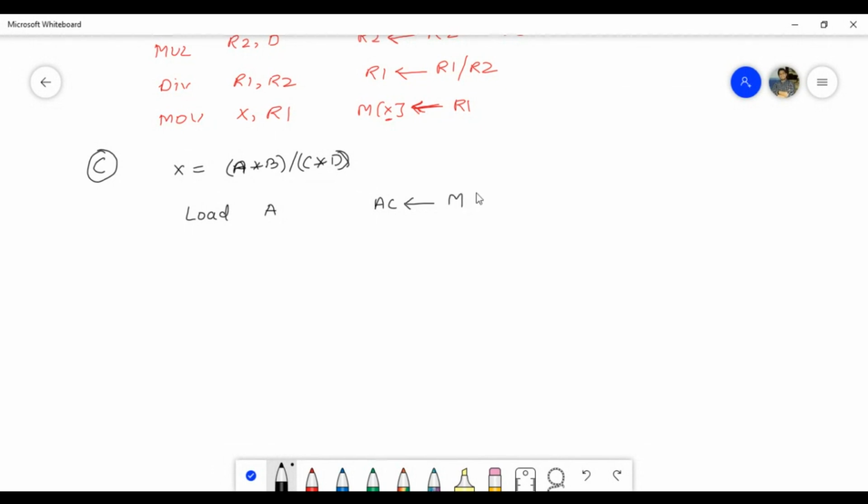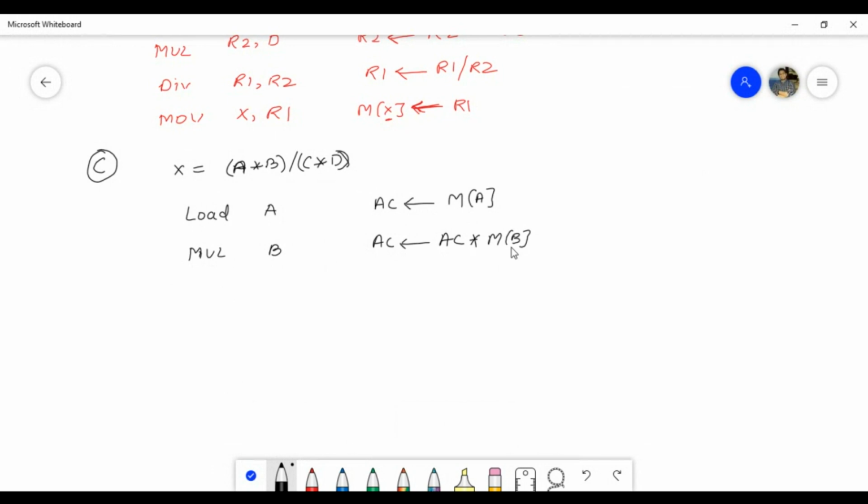The accumulator is loaded with A. After loading, directly we will multiply B. So the accumulator value is updated with the accumulator cross B, since the accumulator already consists of A. So the accumulator is updated with A cross B.